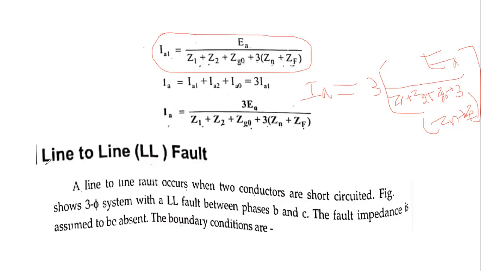Next we are calculating the fault current when the fault occurs in between line to line. A line to line fault occurs when two conductors are short circuited.